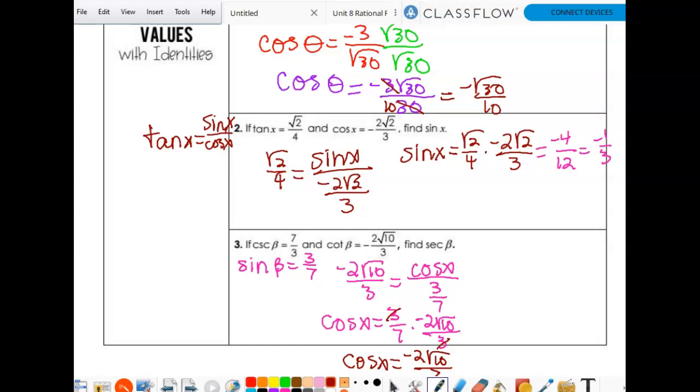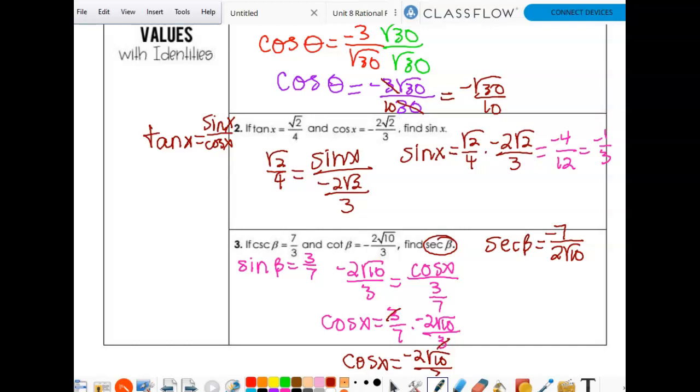So that gives me my cosine, but I want secant. So I'm going to have to flip that, correct? So my secant is going to equal negative 7 over 2 square root of 10. Do I have a square root of 10 at the bottom? No. And y'all, I left the negative on top. Does it matter if the negative goes on top or bottom?